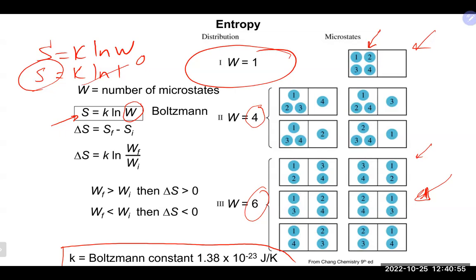As opposed to if you did 6 here, ignoring the constant, natural log of 6 is something like 1.8. So we have a much more positive and much higher entropy value here because, again, a lot more disorder is happening here than with everybody nice and neat on one side of the table. Any questions on that there?